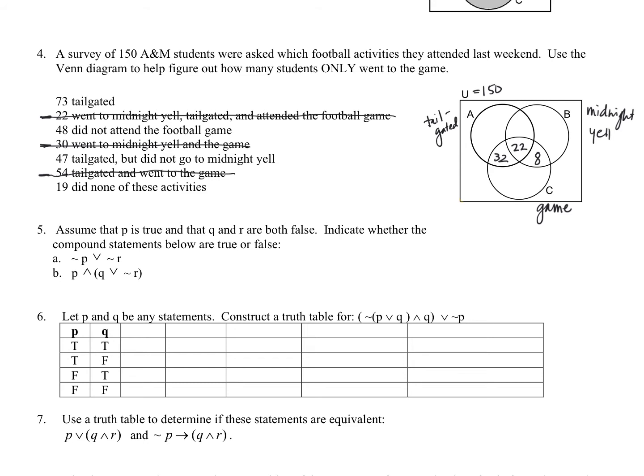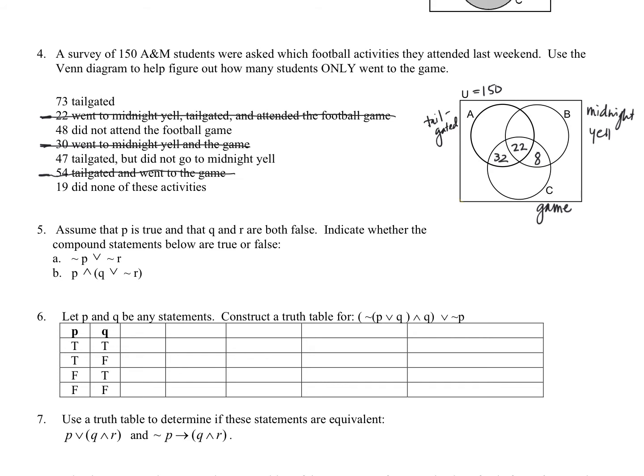Okay, so now, what else? Let's see. Now let's use the 47. So 47 tailgated, but did not go to the midnight yell. So let's think about what that means. So tailgated is this entire red circle, right? Circle A. It says, but did not go to the midnight yell. So that means I need to take off this part because that's the part that went to the midnight yell.